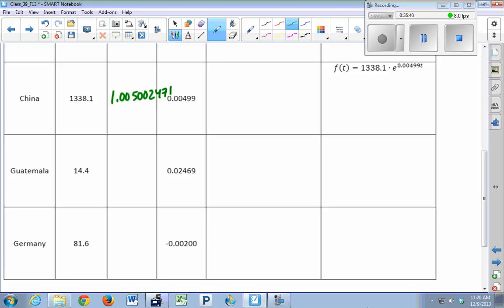No, a number between 0 and 1. It's going to be a decimal, because Germany's population is not growing. It's actually declining. It's the only country that I was able to find that had a declining population rate. So fill in these 2 right here by raising e to the k, and that will give you your rates.